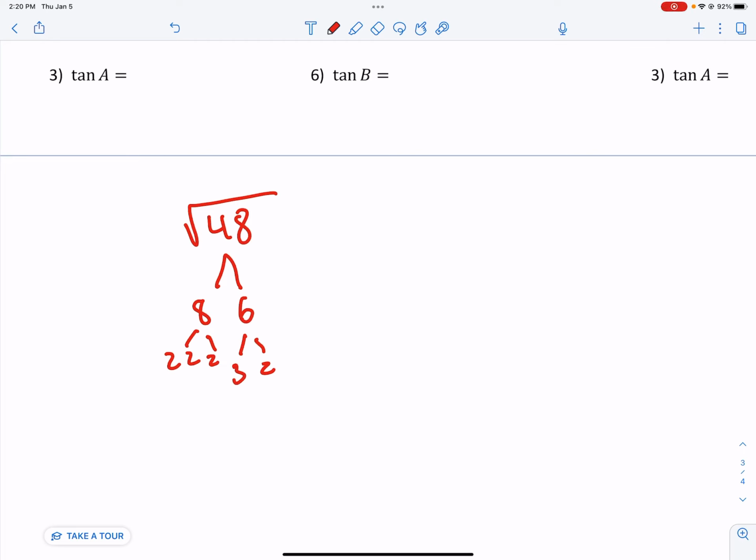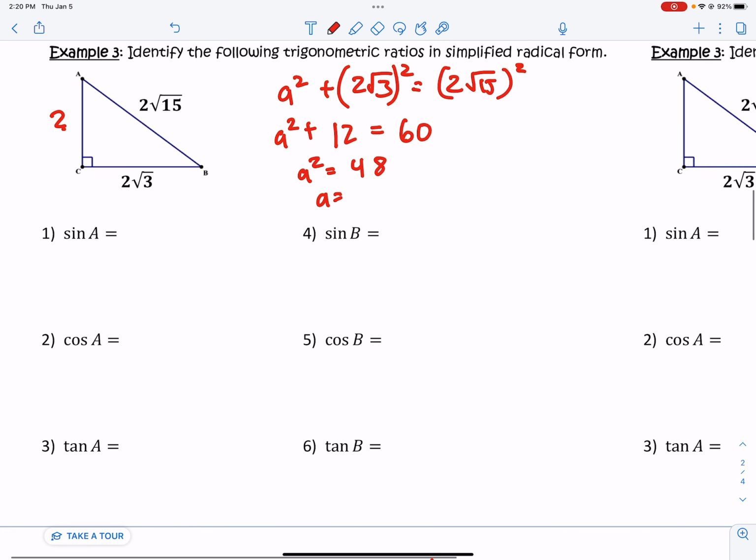So that's going to be the square root of 3 times 2 times 2 times 2 times 2, which is 4 square root 3. So A is going to be 4 square root 3. And go ahead and put that here.